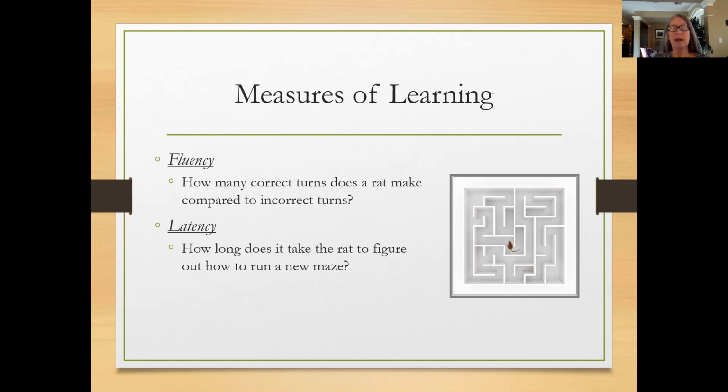Latency also can be like, let's say I show someone a multiplication problem. How long does it take for them to come up with the answer? So how long does it take for the behavior to begin, for them to respond?